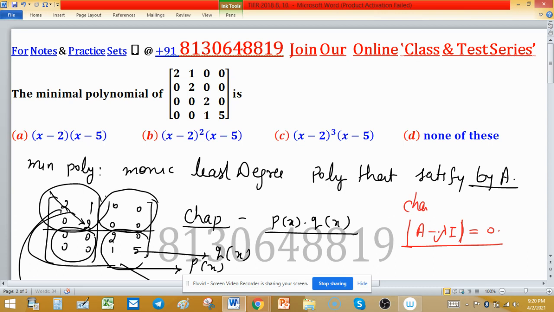So don't waste time finding the characteristic polynomial by this traditional method. If you have the idea of block matrices, then find the characteristic polynomial by block matrices. And I'm telling you, option C is the characteristic polynomial and option B is the minimal polynomial. So you can check as I told you the process.